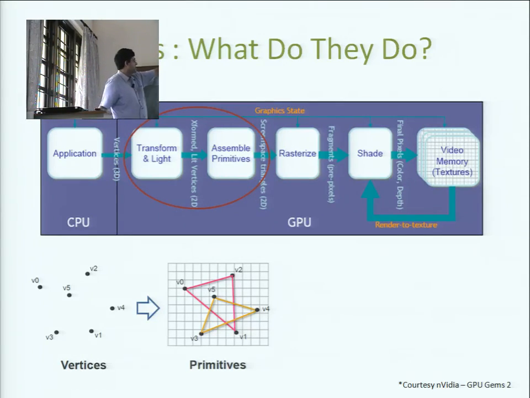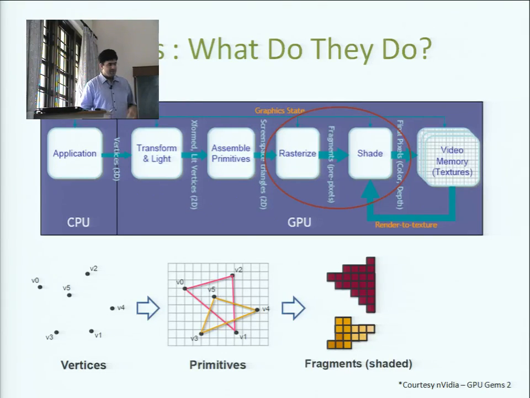So the transformation and the light and the assembly primitives is done by what is called the fragment processor. And after that, you want to rasterize, which is basically you want to break up these things into pixels. You can effectively think of rasterization as changing from these high-level descriptions of 3D objects into 2D pixels, right?